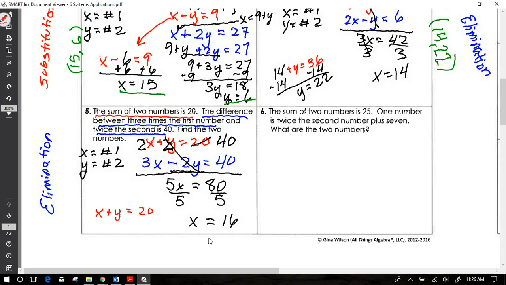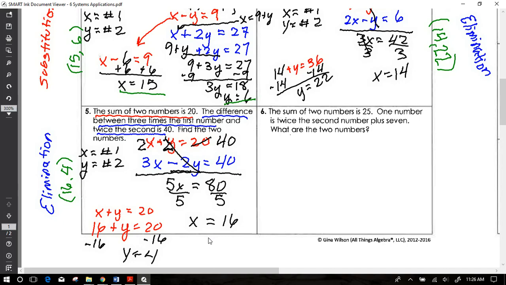If I put a 16 in there instead for the x, okay, so now I can see that I would just subtract this 16 and y equals 4. So now I have my final answer is 16, comma 4. Great job.